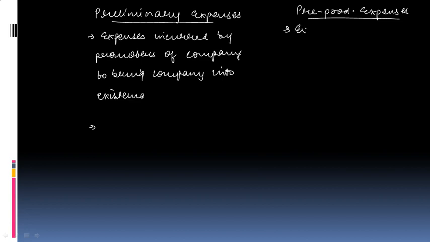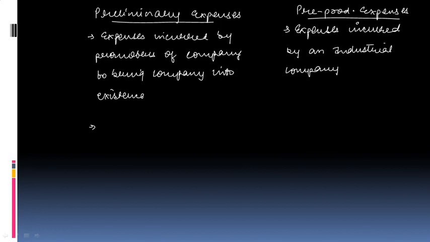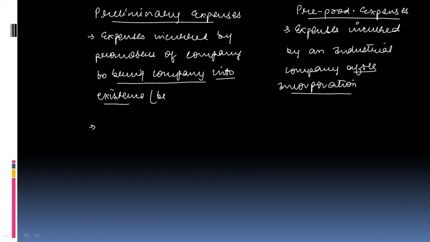These are the expenses incurred by an industrial company after incorporation. So beta, this is after incorporation, and the earlier one was before incorporation, to bring the company into existence. This is generally done by an industrial company.